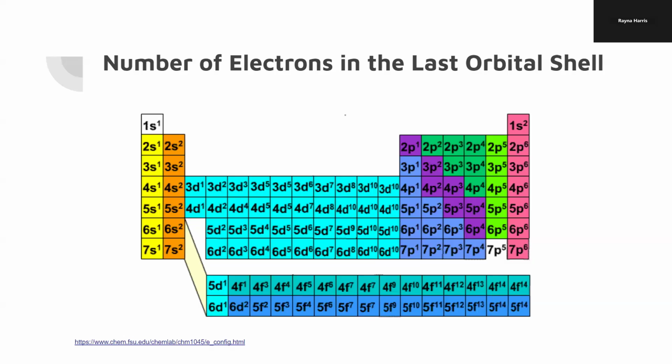It would be 18 in the row, in the ring underneath. For iodine, there's going to be 18 here, and then there's going to be 2, 3, 4, 5, 6, 7 in the outer shell.